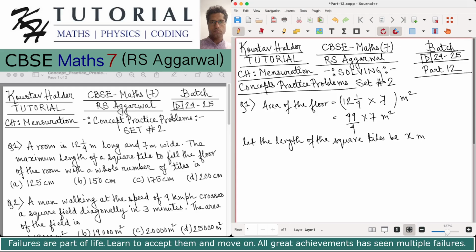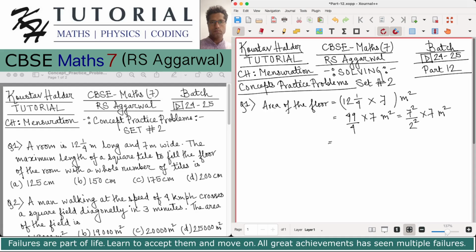Now, please note that 49 by 4 can be written as 7 square, so 49 is 7 square, and 4 is 2 square, multiplied by 7 meter square. Let me, for the time being, remove this line. So the area can be represented as 7 square by 2 square multiplied by 7, this much meter square.